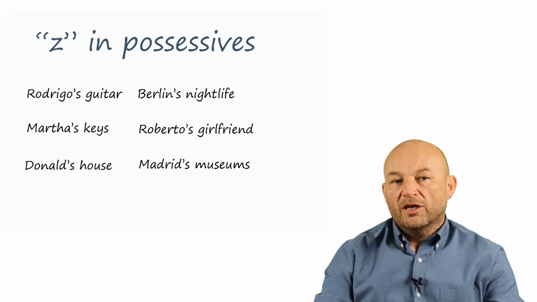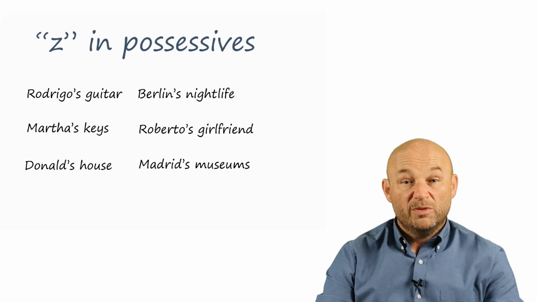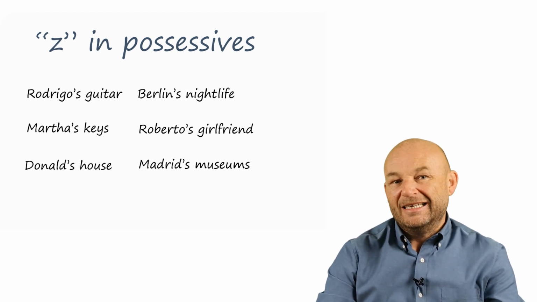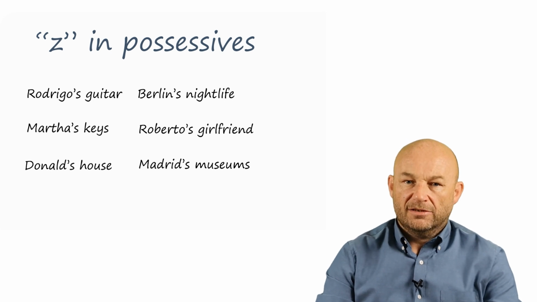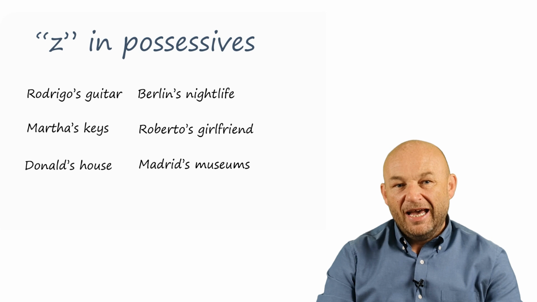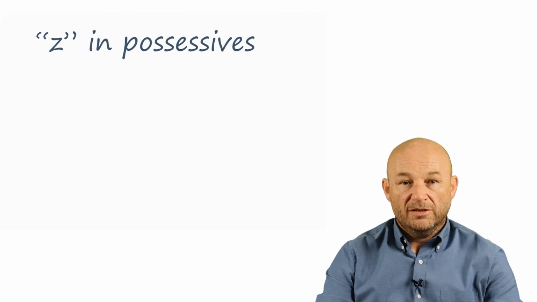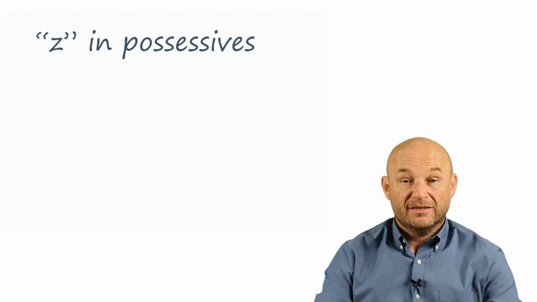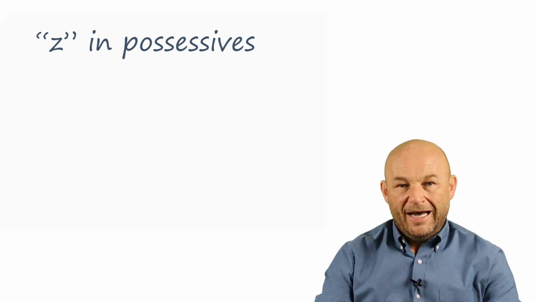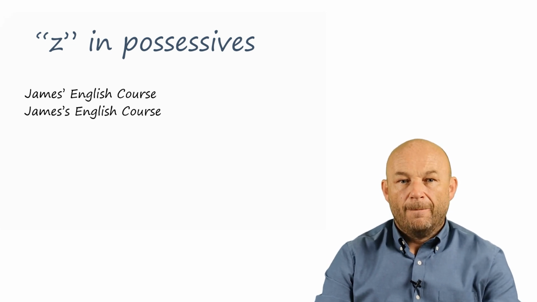Here we are just talking about the pronunciation of the possessive S, but in a later lesson we will be discussing its use. Using the possessive S correctly in English makes for excellent English. By the way, when a noun ends in S, the possessive S is normally written with just the apostrophe and without the extra S. However, it is grammatically correct to add the extra S. James's English course, for example.